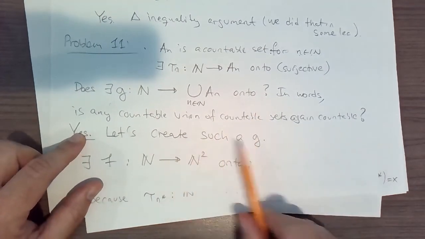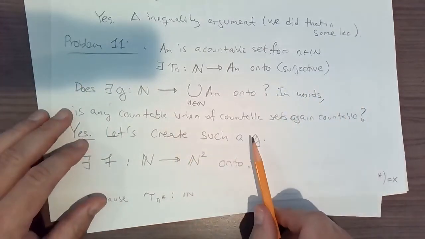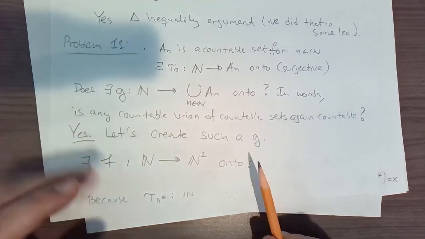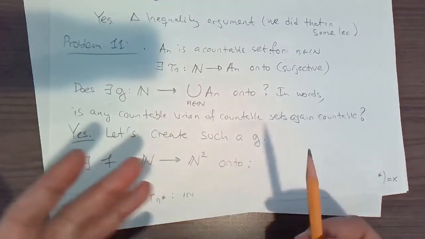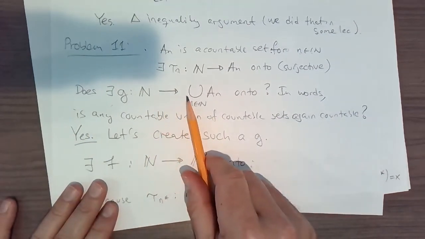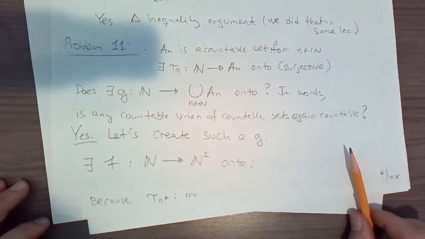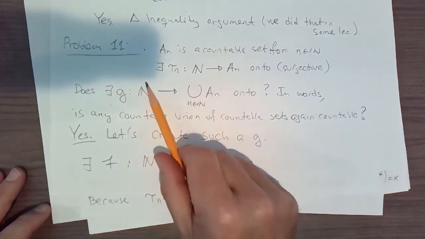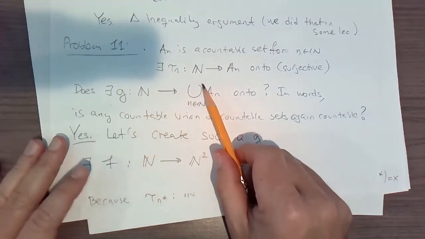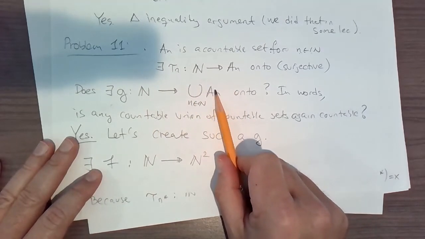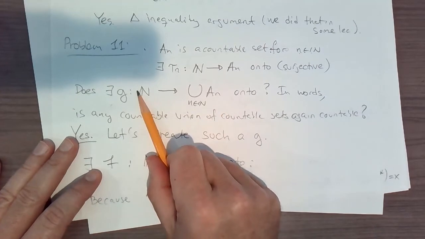Because we were able to create a function G such that this would be true. This is what it means to be countable. A set is countable if you can hit this thing here in an onto fashion with natural numbers.